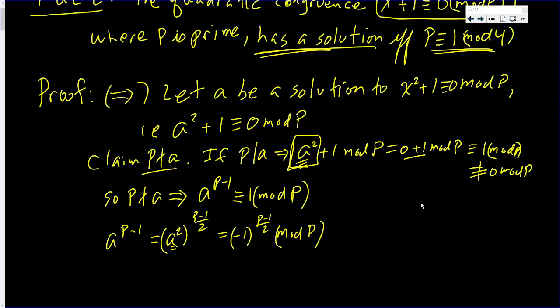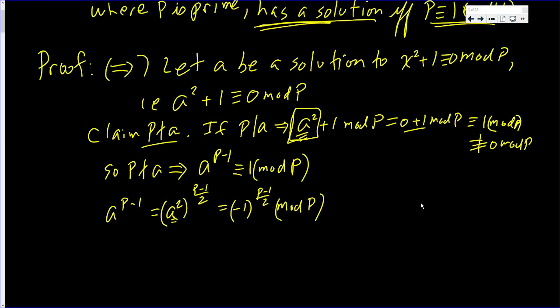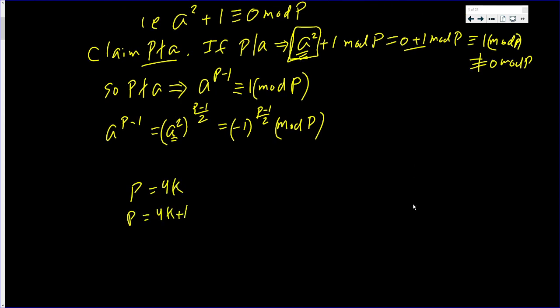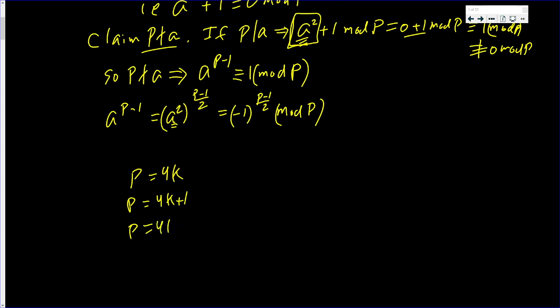Now, there are four cases in theory that p can be. P can be 4k, p can be 4k plus 1, p can be 4k plus 2, or p can be 4k plus 3. But no. P can't be a multiple of 4, because then p would be 4 times an integer, and p's prime.